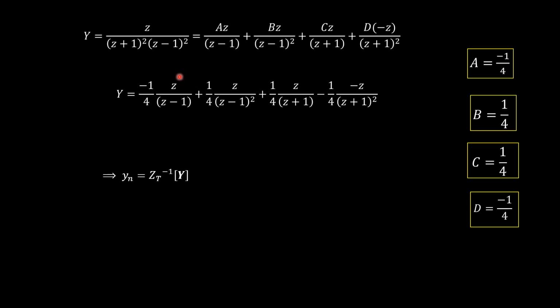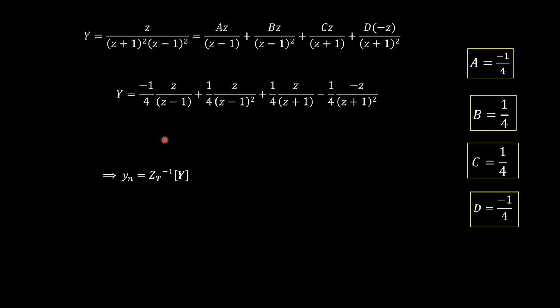Inverse Z transform of z/(z−1) is 1, inverse Z transform of z/(z−1)² is n, inverse Z transform of z/(z+1) is (−1)ⁿ, and inverse Z transform of −z/(z+1)² is (−1)ⁿ · n.